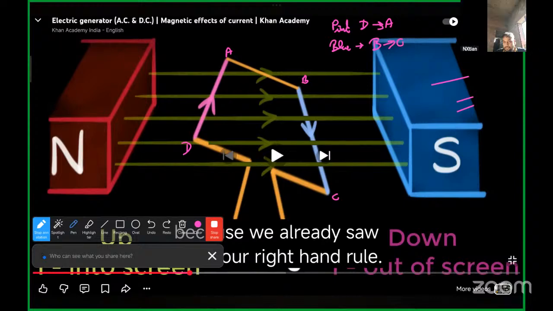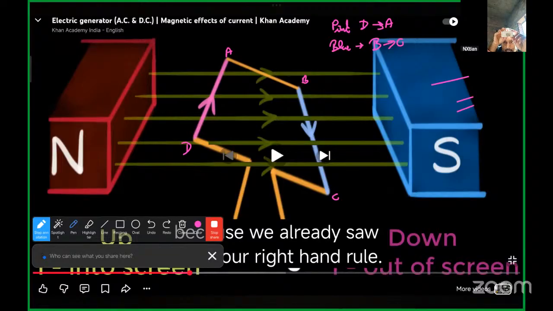Now, when the shaft rotates, for example, this was like this. Now, if it rotates like this, for example, this is the blue one and this is the pink one. Everyone see my this thing. This is the blue one, this is the pink one, and this is the blue one.